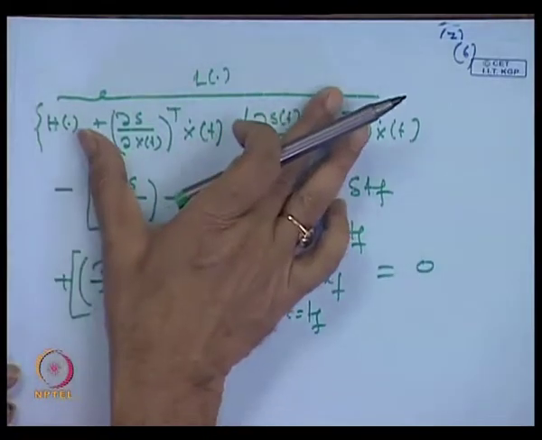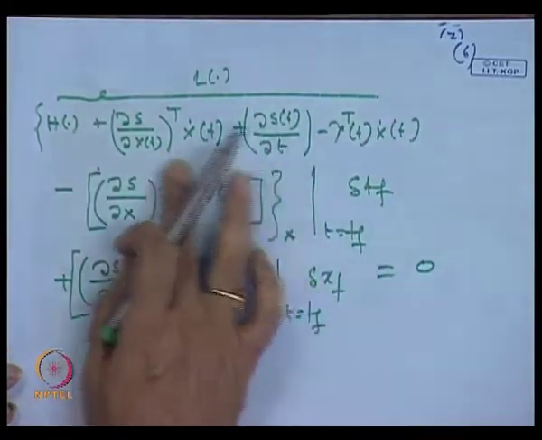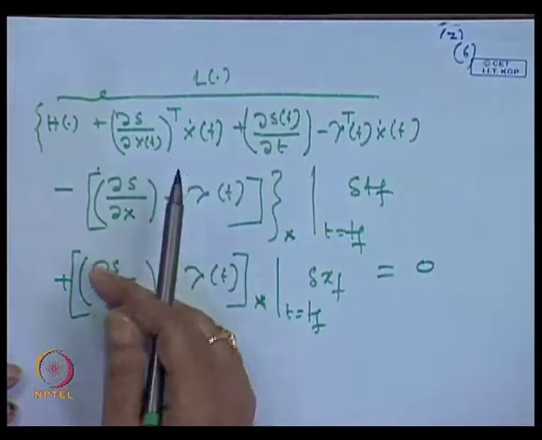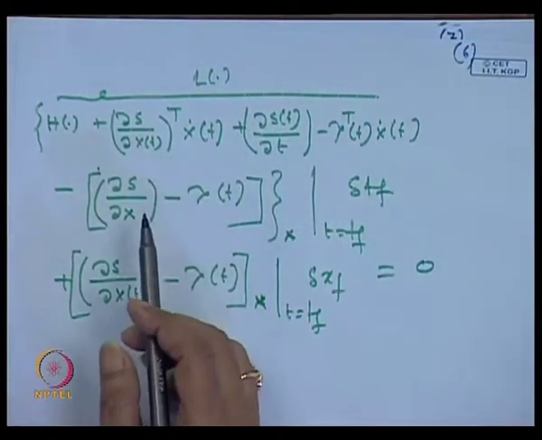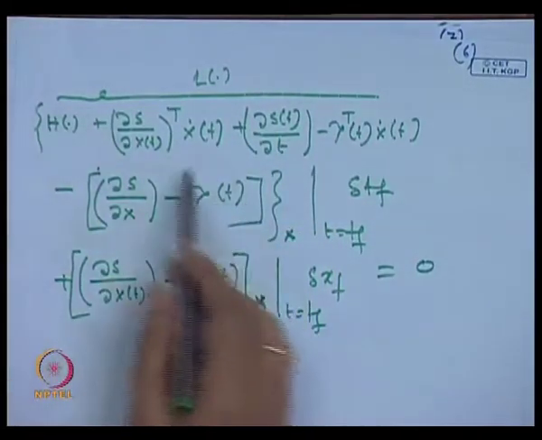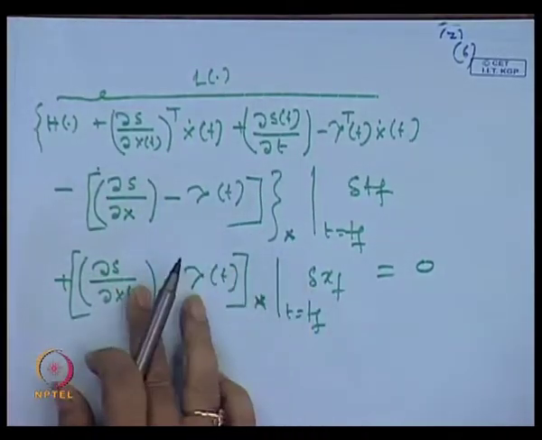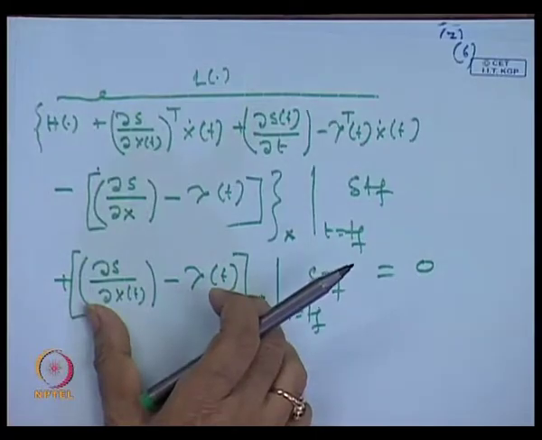This is L and this is delta L, and we are differentiating it with respect to x dot.